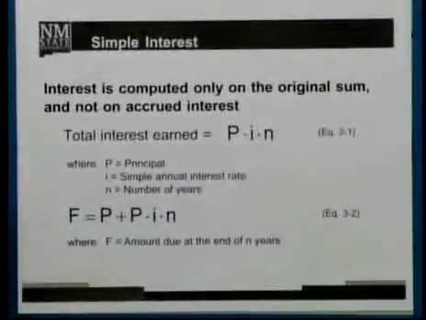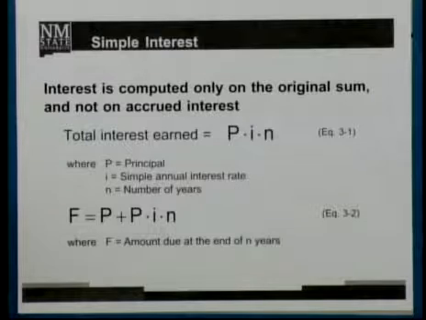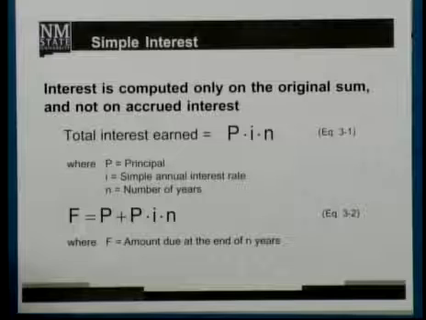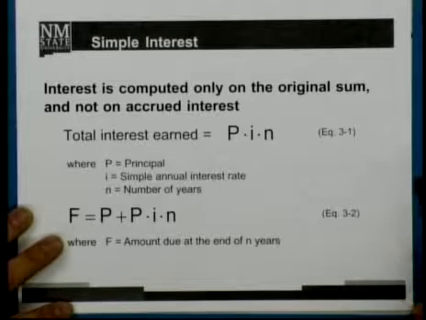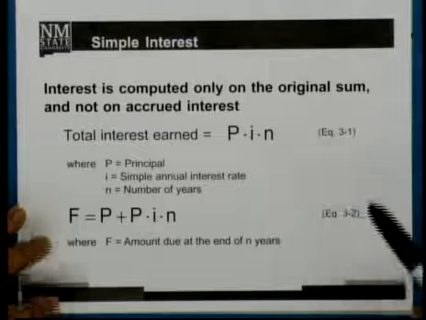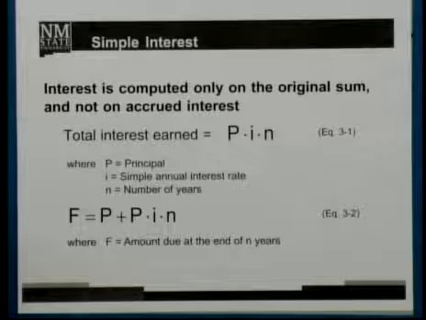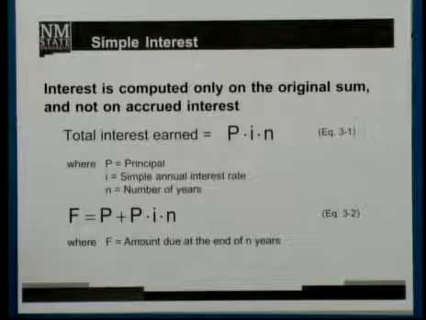The calculation of simple interest is only based on the initial principal amount. So the interest rate is simply multiplied by the number of years. But I should let you know that this simple interest should not be used in engineering economy problems. Okay?